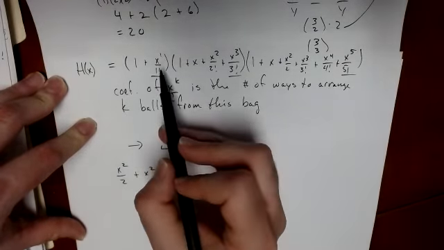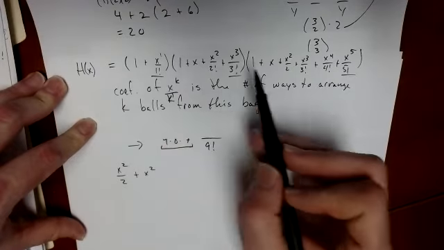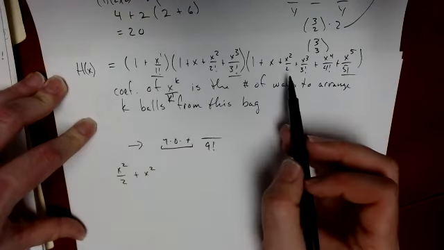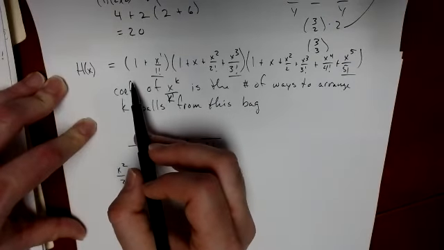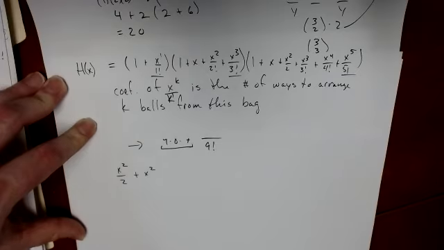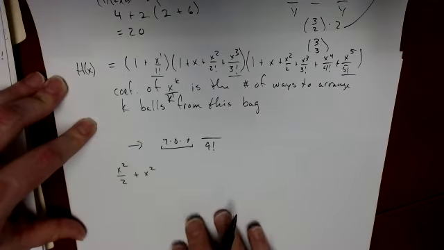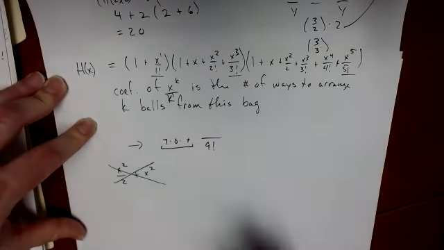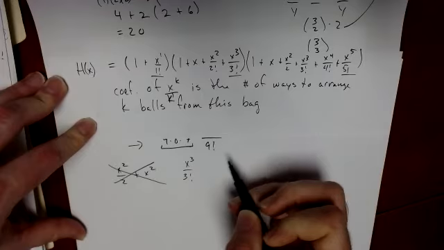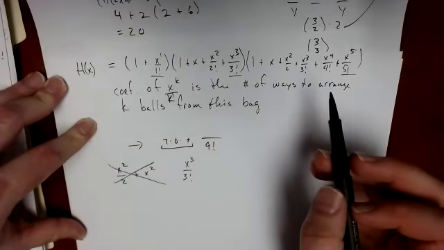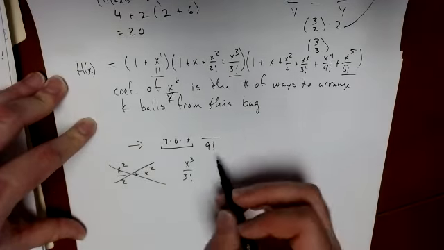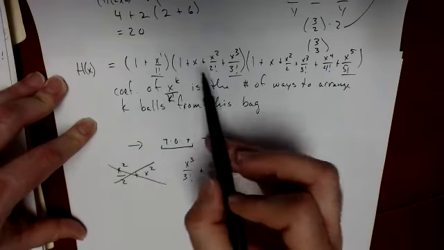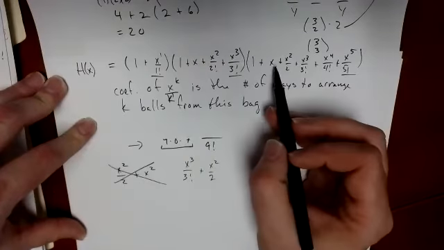I get 1 times x times 1 times 1 times 1. That's all of them with the 1 there, right? Wait a second, did I say I was trying to get x cubed? 1 times x cubed over 3 factorial. 1 times x times x squared over 2. 1 times x squared over 2 times x.